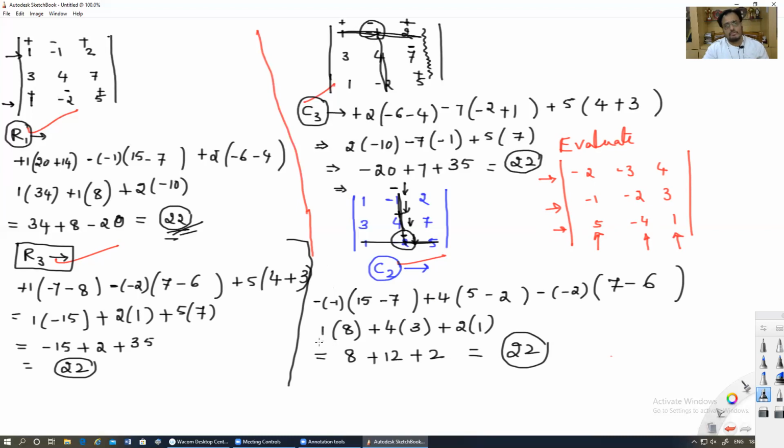before going for the next level of this determinant, first all students must be perfect in evaluating the determinant. If you make any mistakes evaluating a determinant, there will be a lot of damage. And the coming topics of matrices, definitely it will entirely spoil the solutions of the problems.